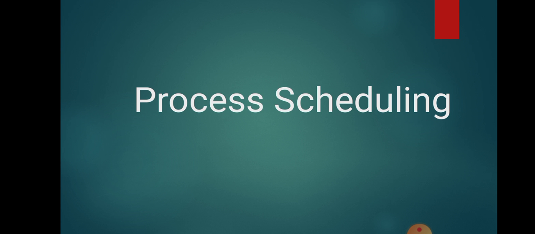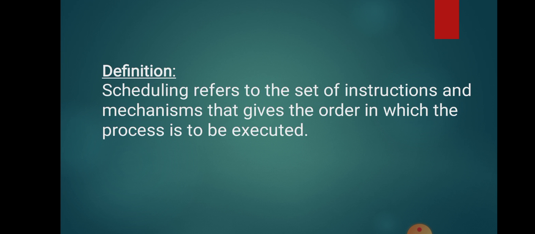Scheduling is nothing but whenever processes enter into our system, we have to schedule them for execution. How are we going to make the schedule? By using a set of instructions and mechanisms.